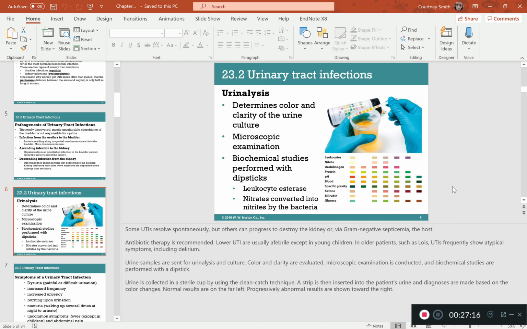Can you conclude that there is an infection or not? On the urinalysis I'm going to give you, the leftmost side is going to be considered normal, and further away towards the right is going to be considered abnormal.